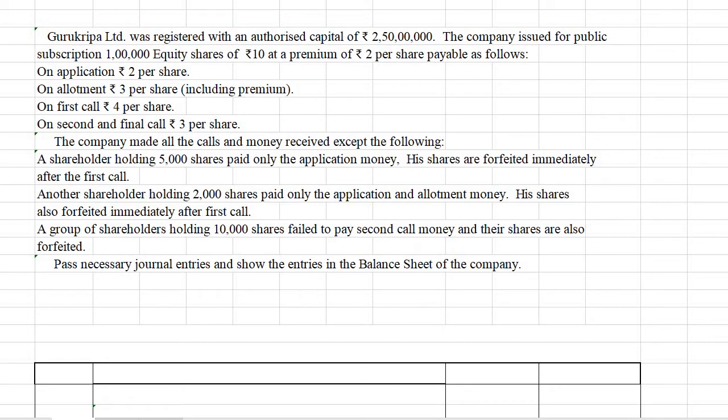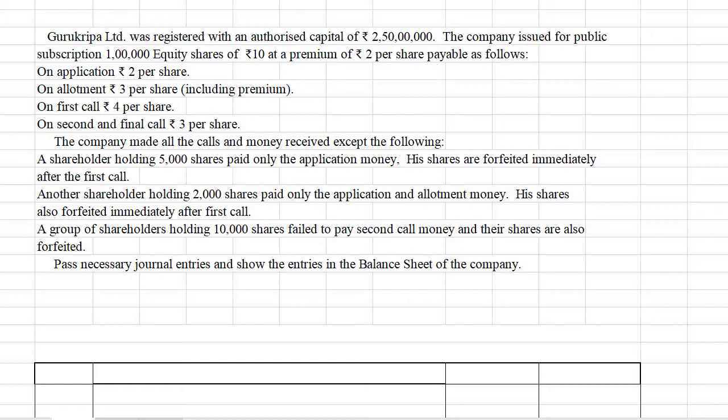Another shareholder holding 2,000 shares paid only the application money and allotment money. That means he did not pay the other calls, so his shares are forfeited immediately after the first call. So both these categories of shares, that means 5,000 and 2,000, are forfeited before making the second and final call.